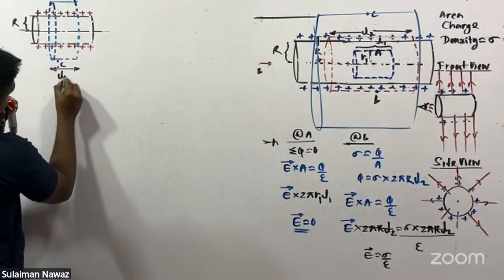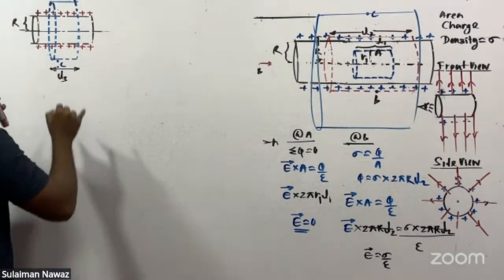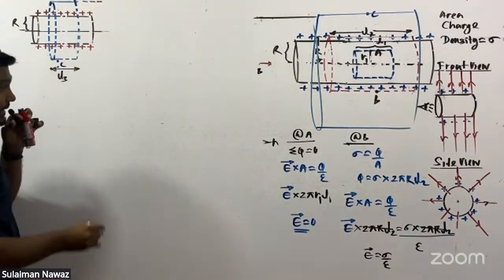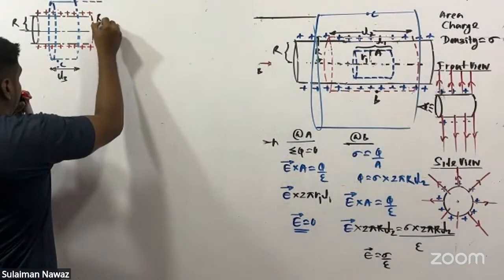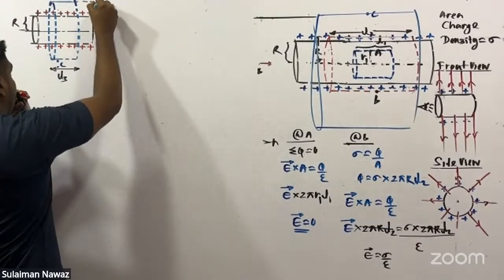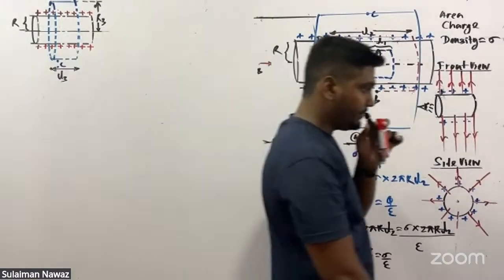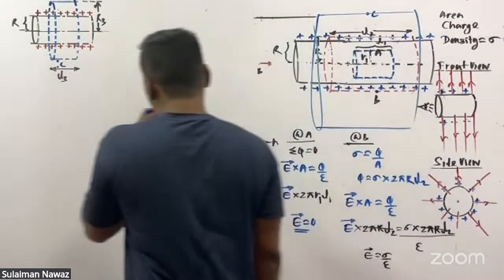This is L3. And the radius of the Gaussian cylinder, let's say, is R3. Where is my point capital C?